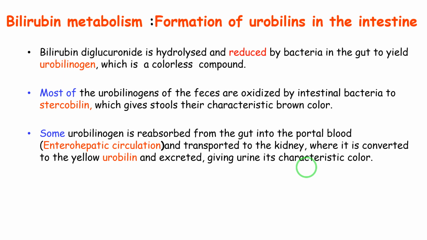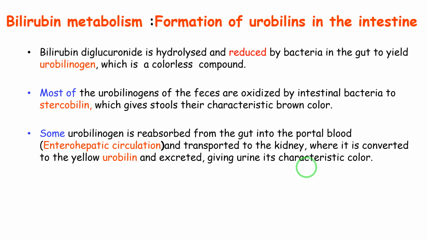So finally, all of the bilirubin is conjugated, and almost all of it is eliminated in the feces. A small amount of the colorless urobilinogen is excreted in the urine. As a result of all these processes, the healthy adult has a very low level of total bilirubin, ranging between 0.2 and 1 milligram per deciliter, and the majority of this is unconjugated, which will later be conjugated and excreted from the body.